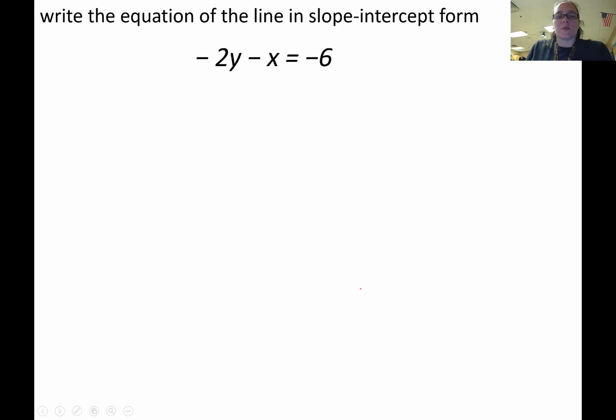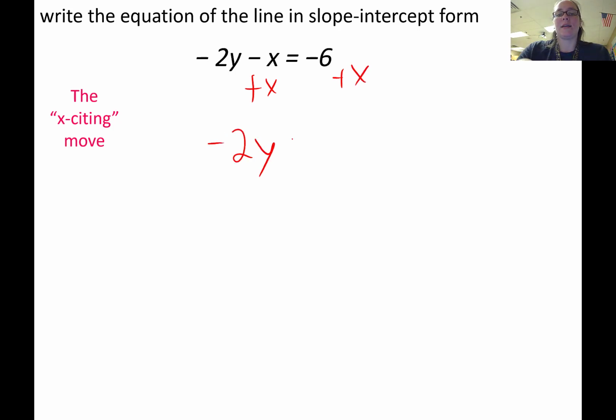All right, so looking at this one, I've got negative 2y minus x equals negative 6. Moving the x first means I'm adding x to both sides, leaving me with negative 2y equals x minus 6, since that 6 is negative.